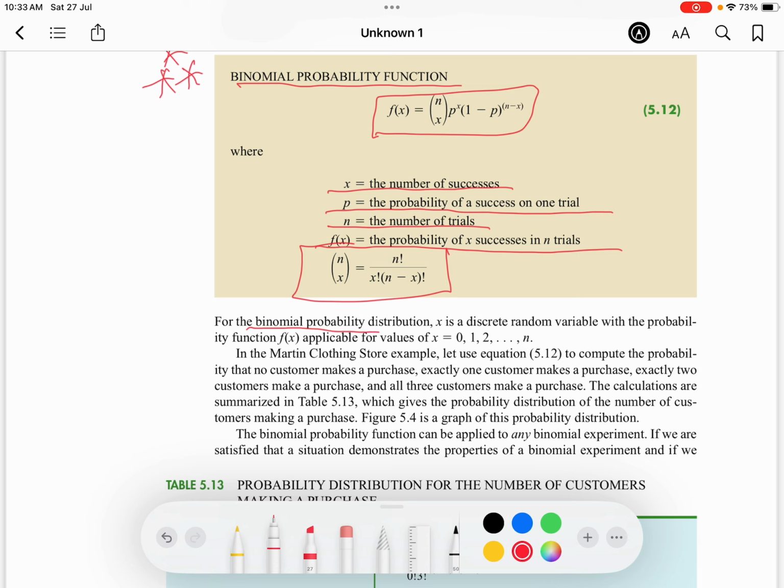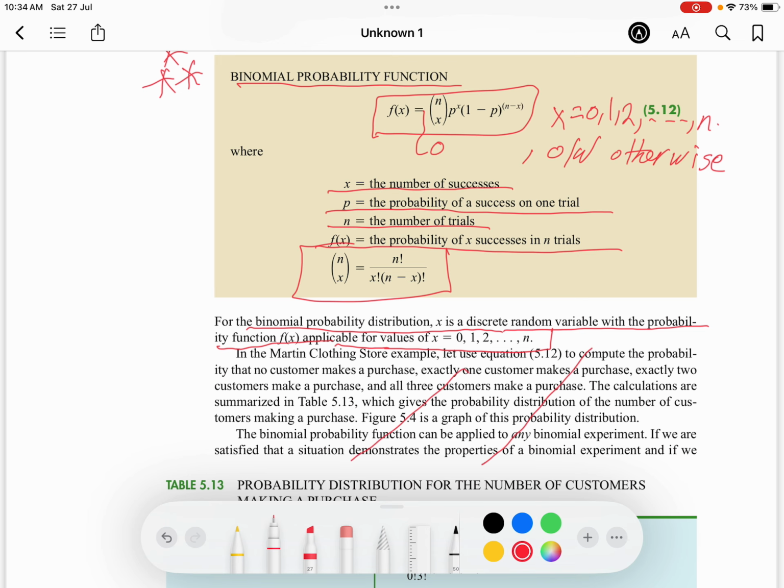For the binomial probability distribution, x is a discrete random variable with x equal to 0, 1, 2, up to n, and 0 otherwise. The probability function f of x is applicable for values x equals 0 up to n.